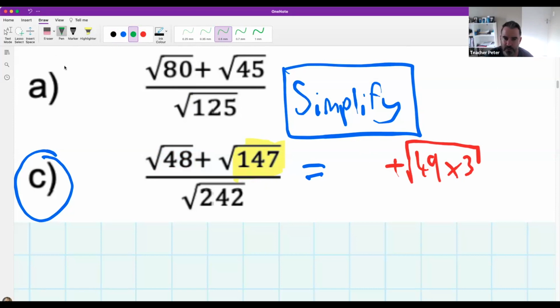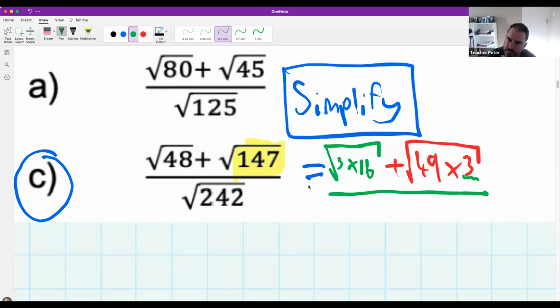And because there was a 3 in this one, I think I want to use a 3 times 16 in that one. Why am I so keen on having square numbers involved, and also having almost like a common factor in both?